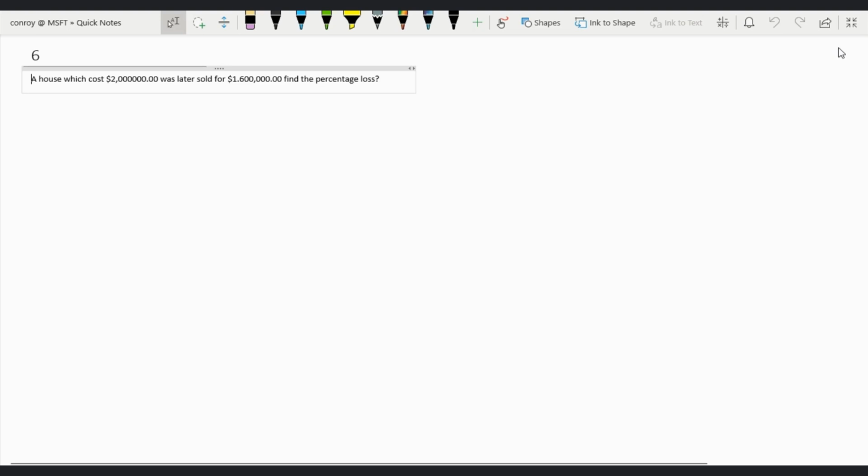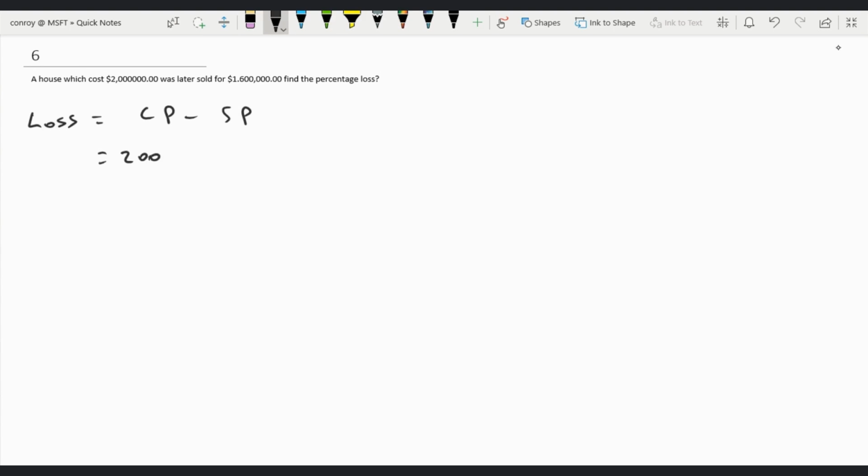So our next question says, a house which cost 2 million was later sold for 1,600,000, and we have to find the percentage loss. Alright, so loss is equal to the cost price minus the selling price.